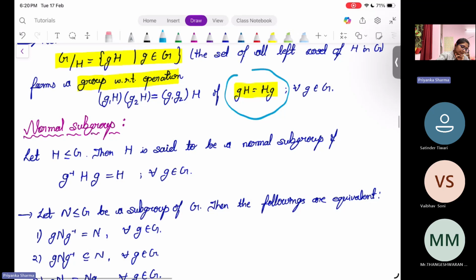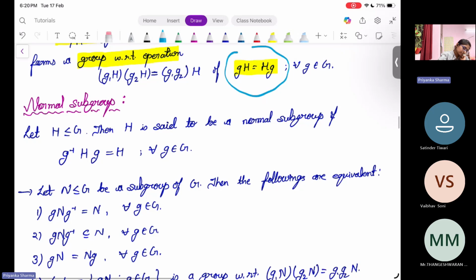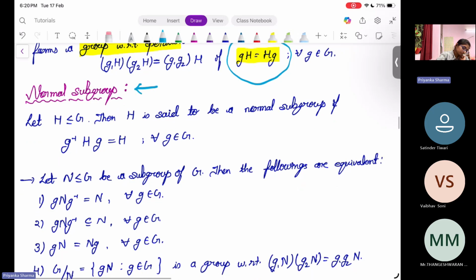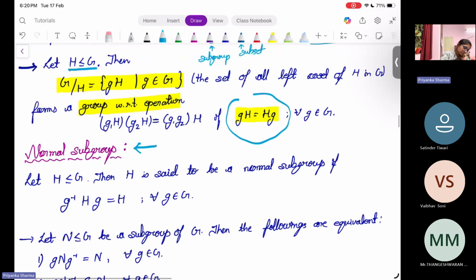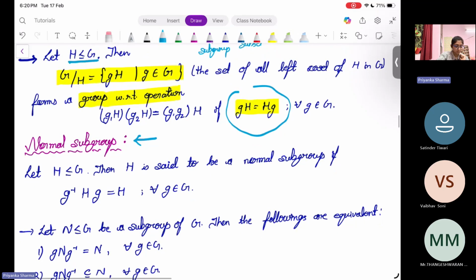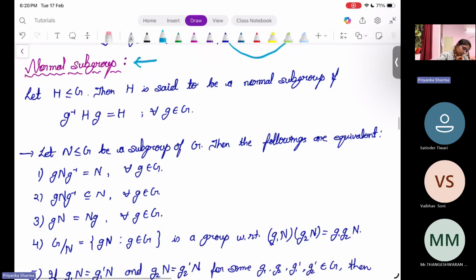So how do we get this condition, or how can we assure that this condition will hold? The answer is normal subgroup. If H is not just a simple subgroup but a normal subgroup of G, then we will always have gH equals Hg, and then we can define G over H as a group. So what is a normal subgroup?